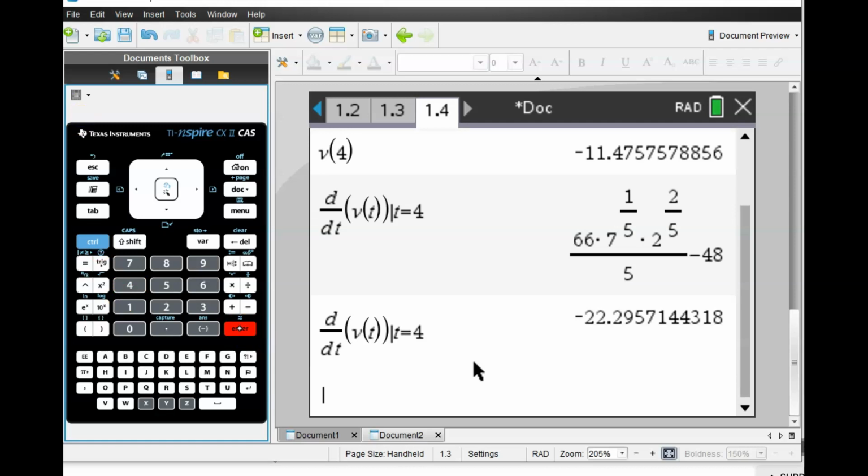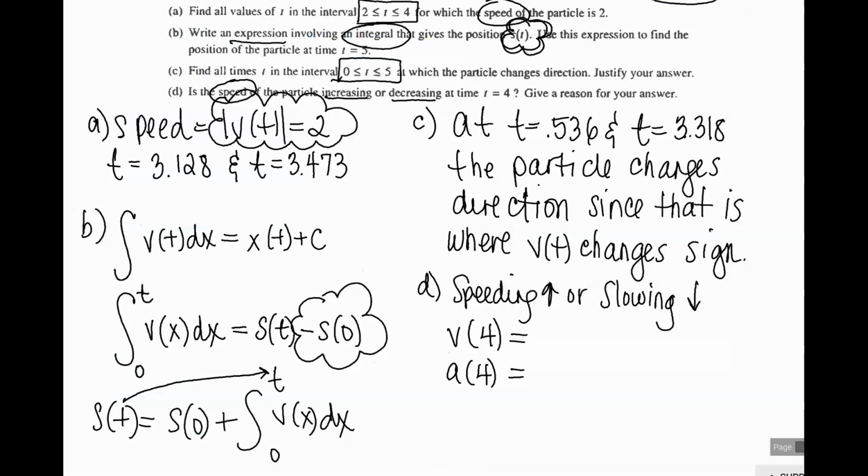All right. So now we have a negative acceleration. So unlike in the last problem, we actually have signs that are the same. So v at 4 was negative 11.4758, and a at 4 was negative 22.2957.